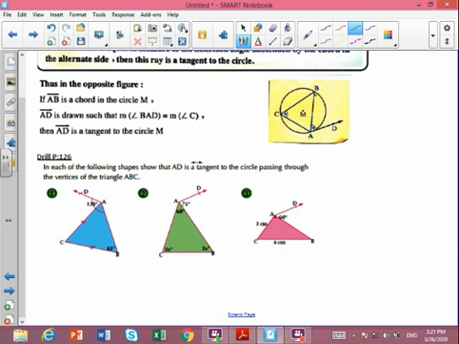Passing through the vertices of the triangle ABC. So if I have two angles like this, it is a tangent. Okay, here in ABC, as you see, AC equals CB, it's an isosceles triangle, so this part will be 65, and the whole angle DAB is 130, so the small part here will also be 65.